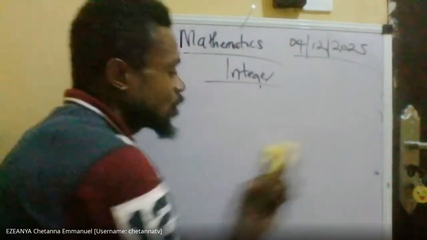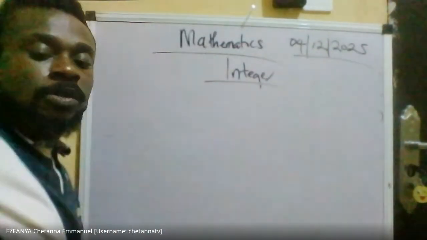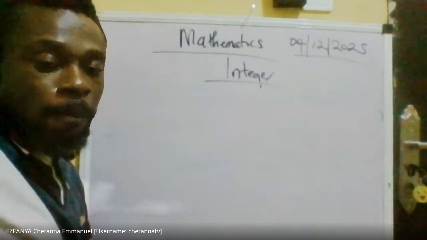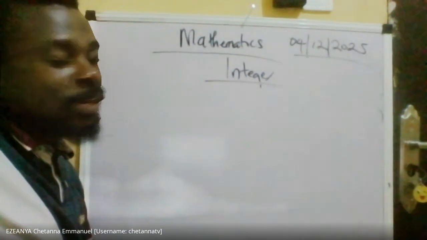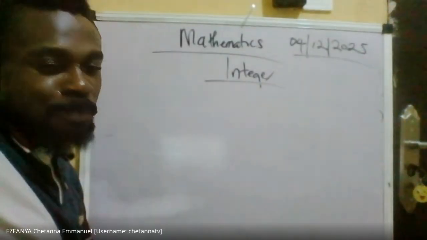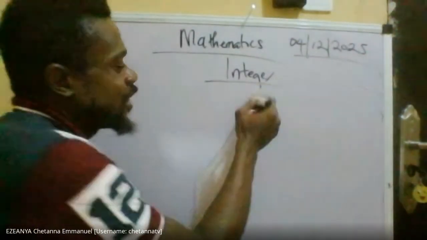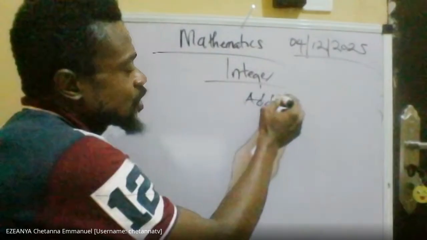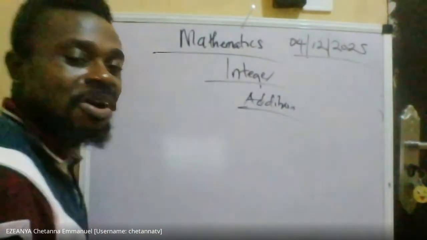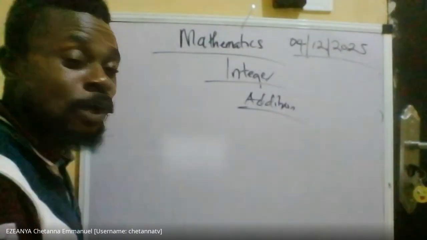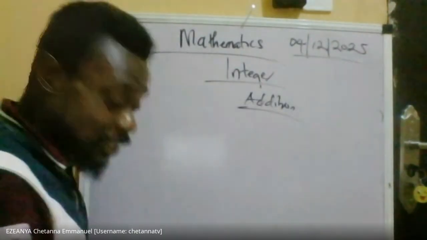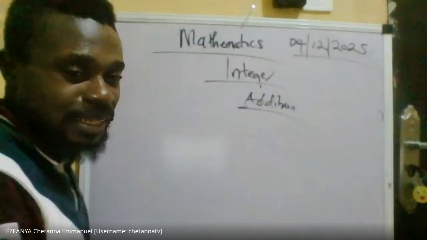So now let us go straight to what I want to talk about: some basic operations. Other operations in integers are simple operations: addition, subtraction, multiplication, division. These things are what we've been doing from primary school, so I wouldn't want to waste our time there.